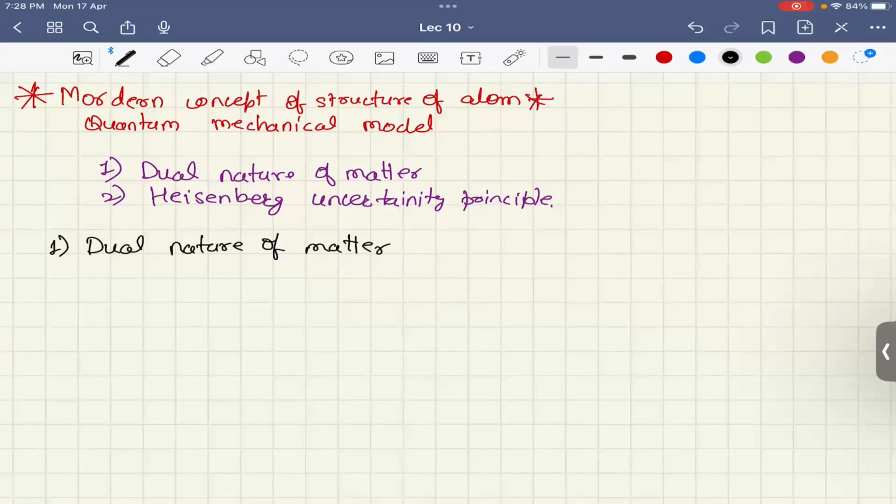So they behave as a particle as well as a wave. This means that an electron, which has been regarded as a particle, also behaves like a wave. Thus, according to de Broglie, all material particles in motion possess wave-like characteristics. Let me write this down.